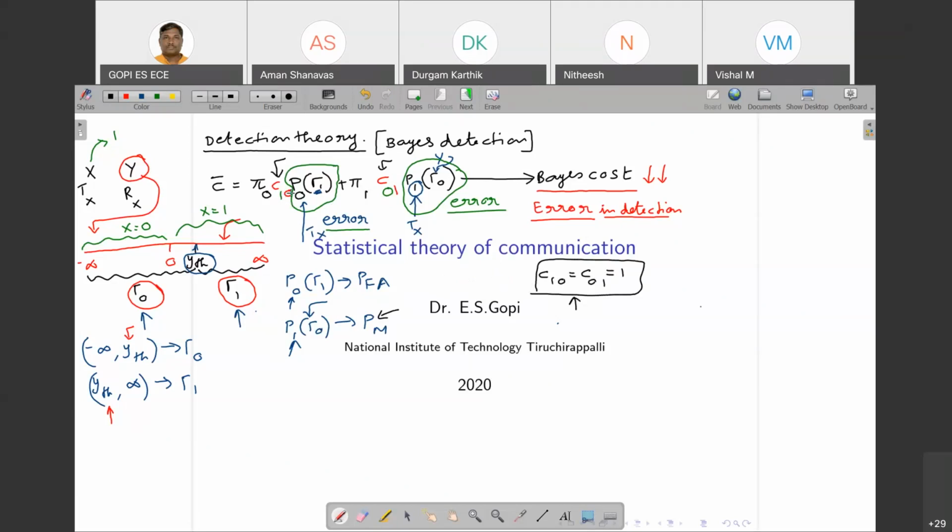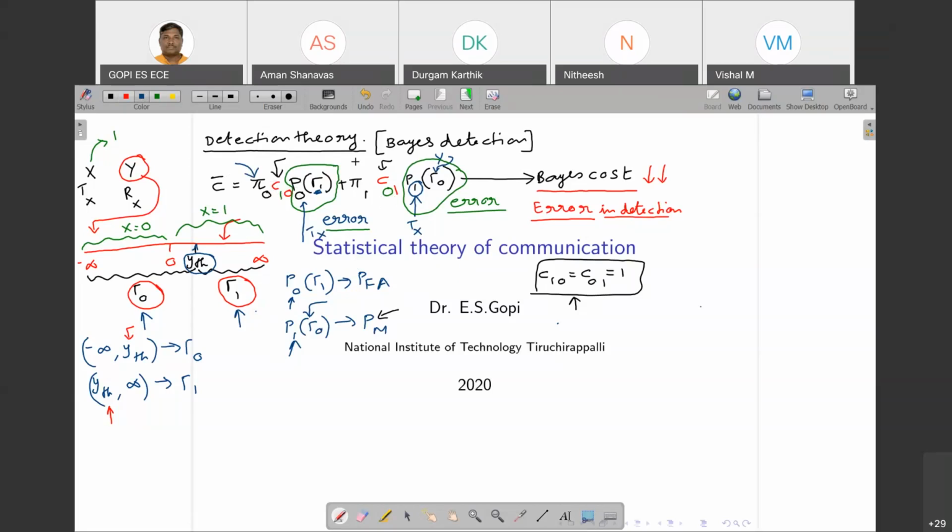Otherwise, you give something like 0.9, 0.8, a value less than 1. Two different values you can assign for C10 and C01, depending upon the application. It also depends on the prior probability.